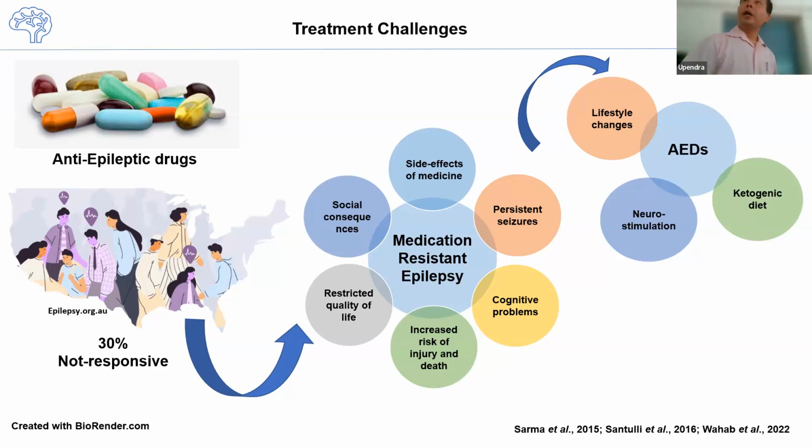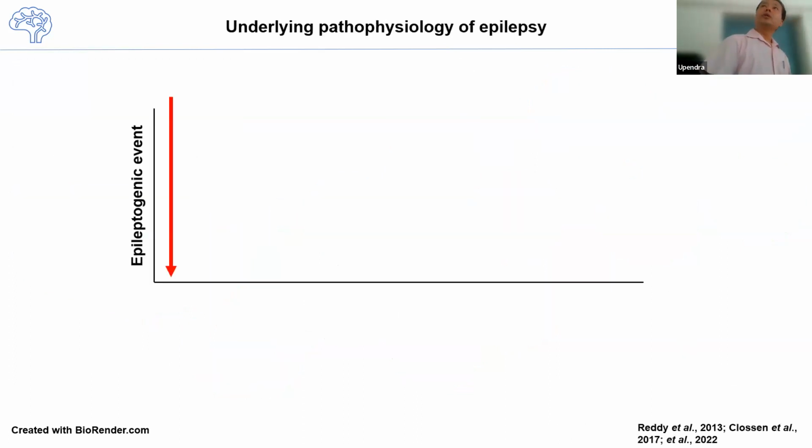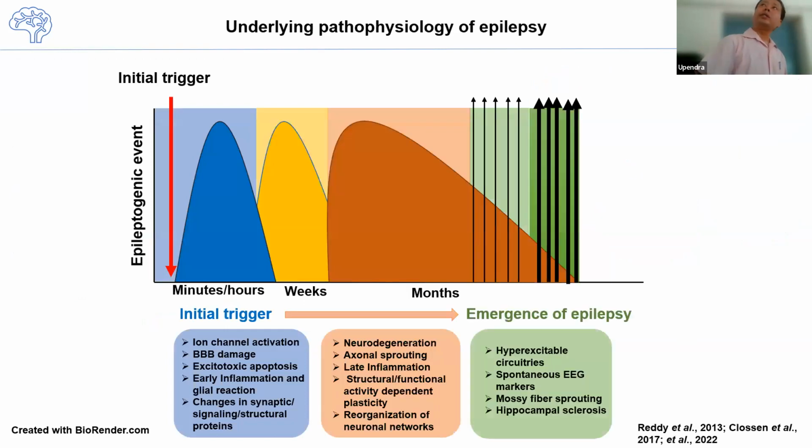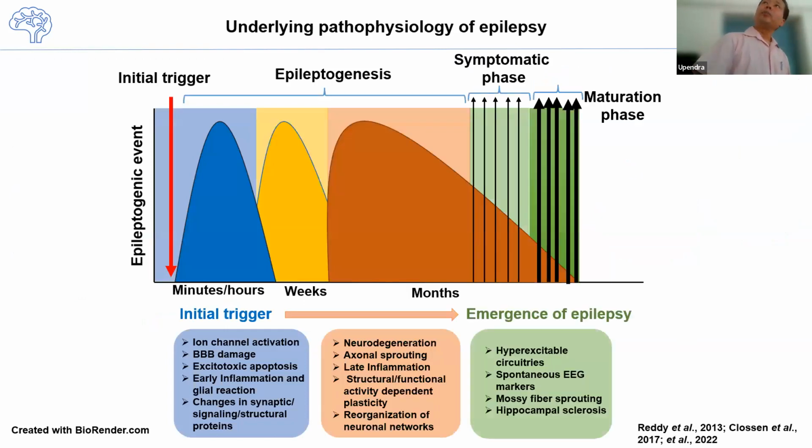We developed a model in Drosophila to address this, because the problem is that most existing drugs target only the last stage, the phenotype, not the early developmental events.